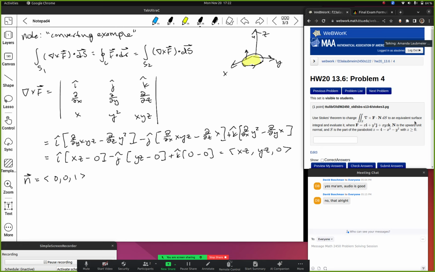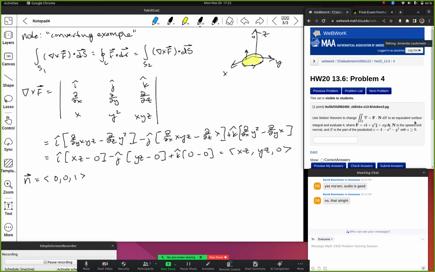If it was oriented the opposite direction, we might have a minus k hat component instead. And if you didn't remember that way to do it, then you would just ask yourself, what is z on that surface, and then plug into the formula. But z is 0 here, so it's simpler.